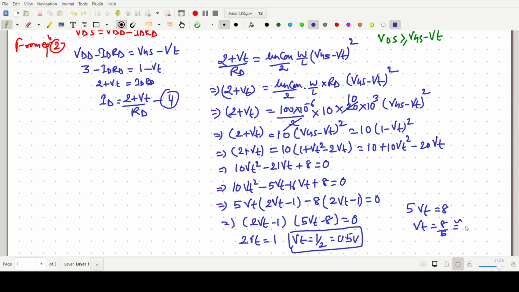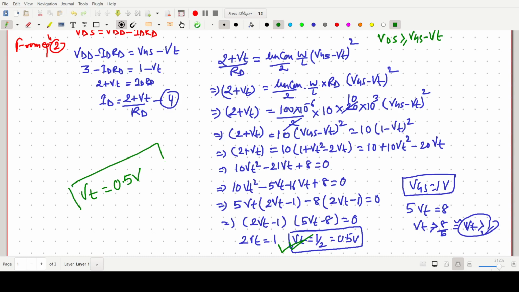This value is greater than 1, so this Vt is greater than 1, and it is not possible because VGS is given as 1 volt. So our answer is Vt equals 0.5 volt.